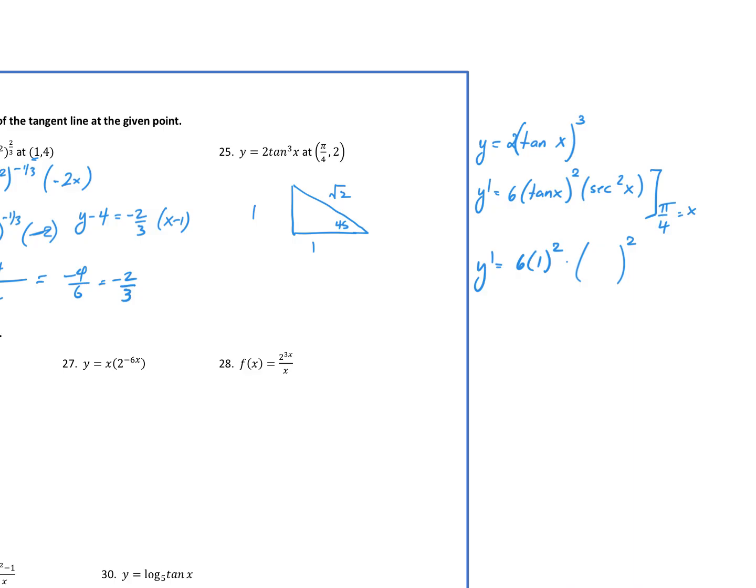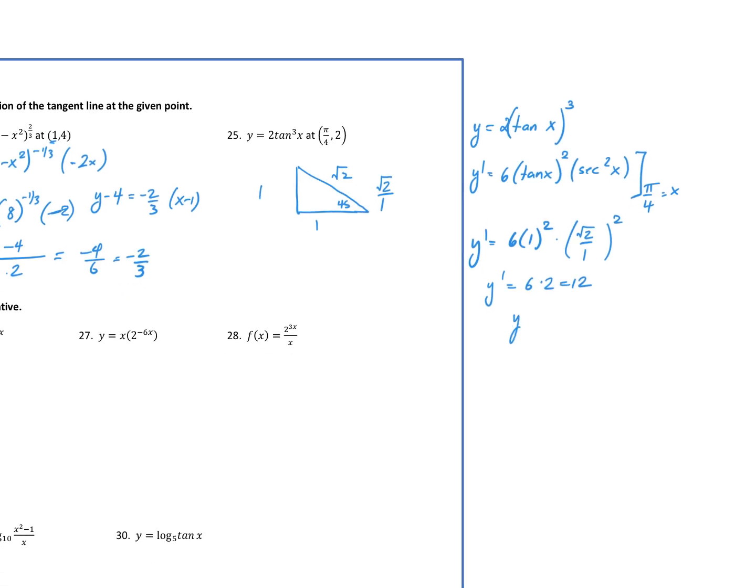Secant goes with cosine, adjacent over hypotenuse, so hypotenuse over adjacent, so we get root 2 over 1, which works out nice also. I end up with y prime is 6 times 2. I end up with 12. I do need to double check this, but we get y minus 2 equals 12 times x minus pi over 4.